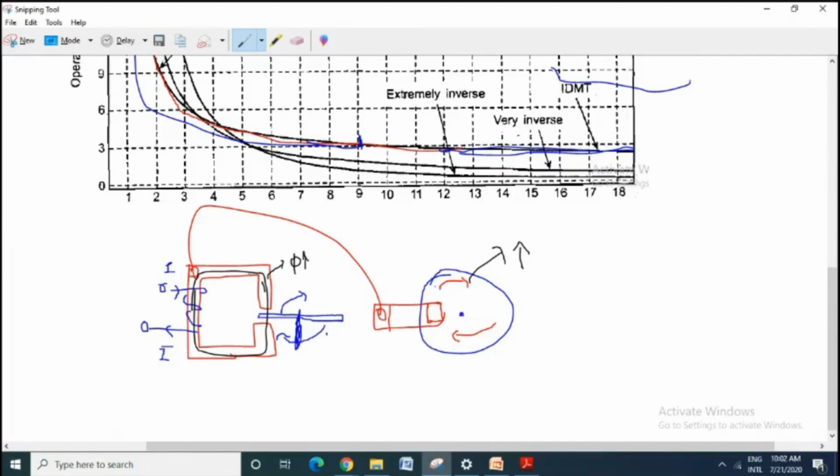Now, at a certain point, this material is carrying the maximum amount of flux, and beyond this point, the material is not able to carry any more flux.